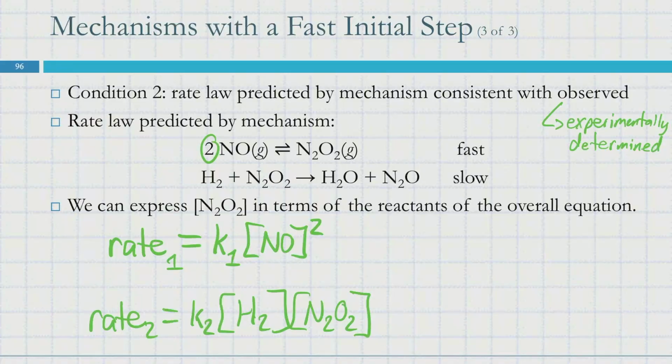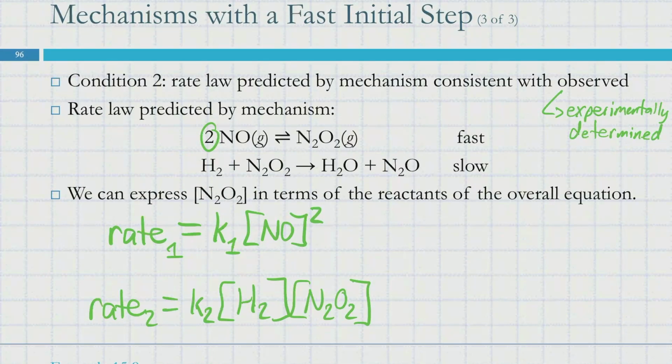If we just combine those two steps, we combine these two rates, there's a problem. What's the problem? The N2O2. We can't have N2O2 show up in our overall rate law because it's an intermediate.